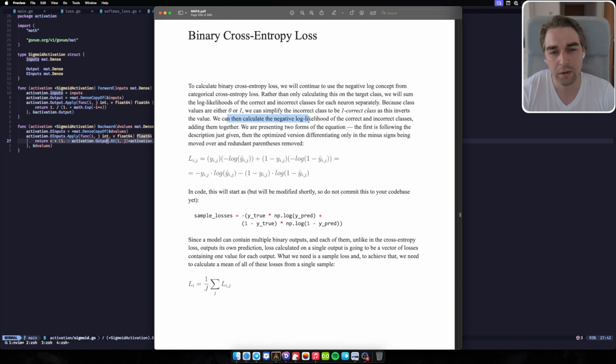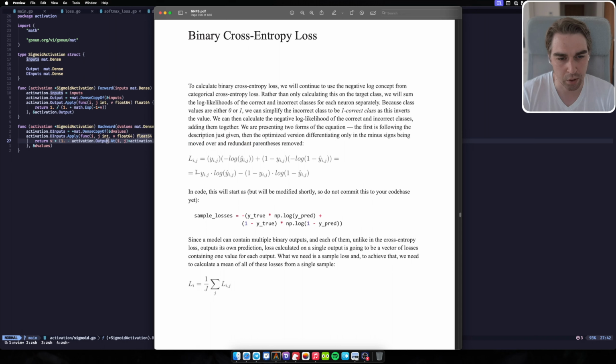We can then calculate the negative log likelihood of the correct and incorrect classes, adding them together. There are two forms of the equation: the first follows the description just given, then the optimized version differs only in the minus sign being moved over and redundant parentheses removed.